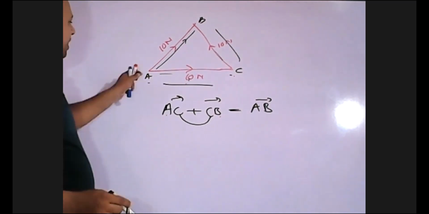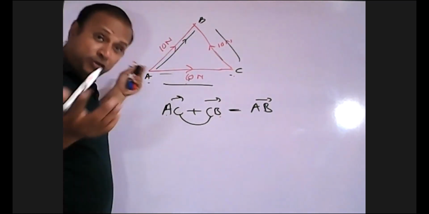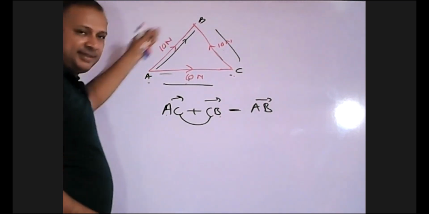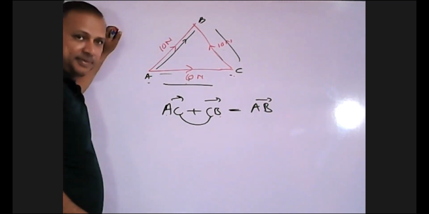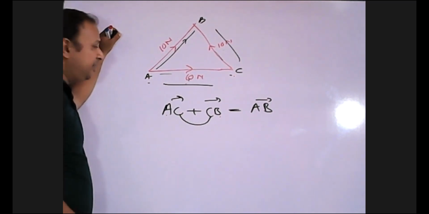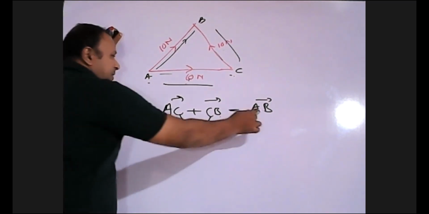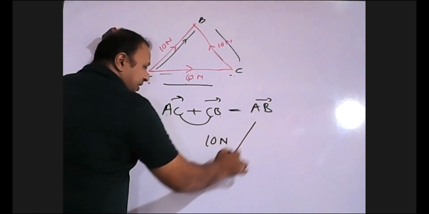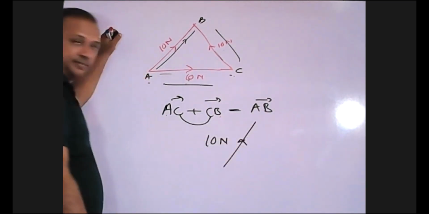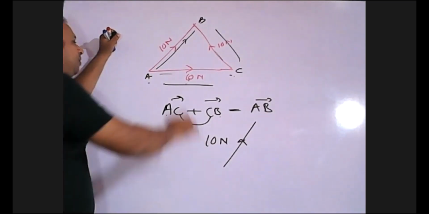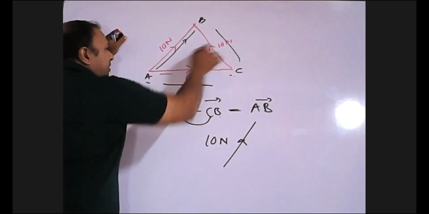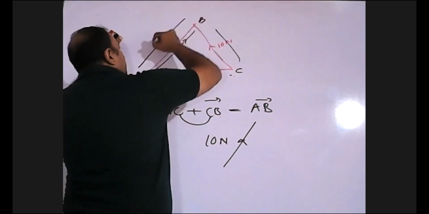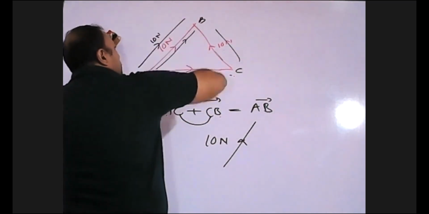I know the AB vector is equal to 10 Newton, in the direction of AB. Therefore, the resultant of them is equal to 10 Newton in the AB direction.